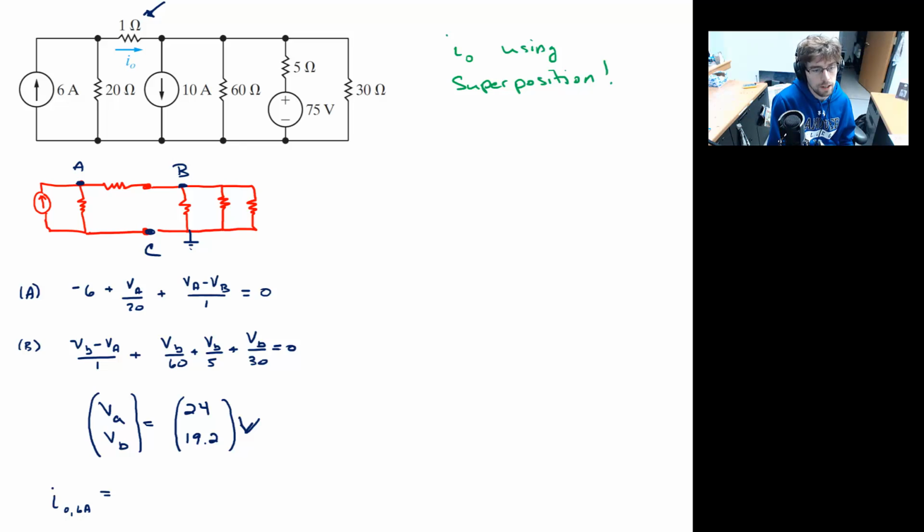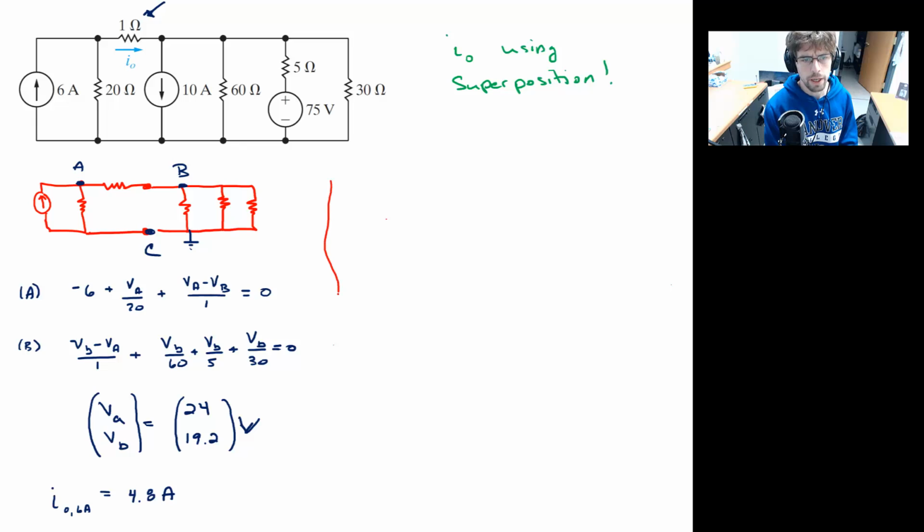And so I get something like 4.8. All right, 4.8 amps goes through I1, and the rest gets siphoned through that 20 ohm resistor. So there we go. We've got the first one.